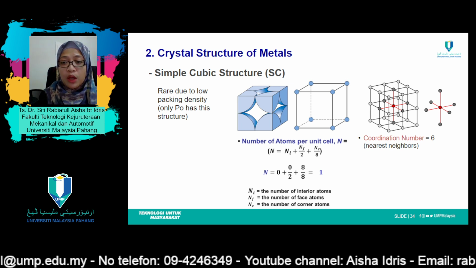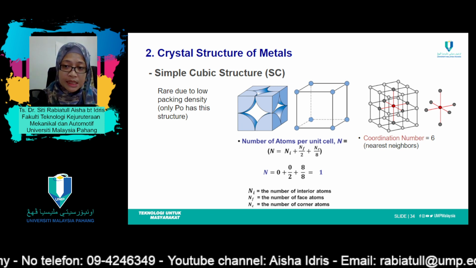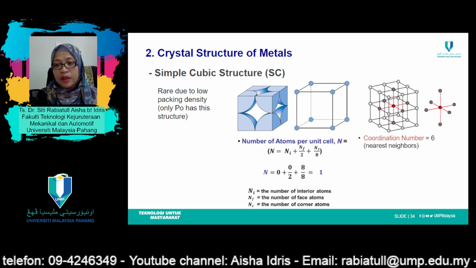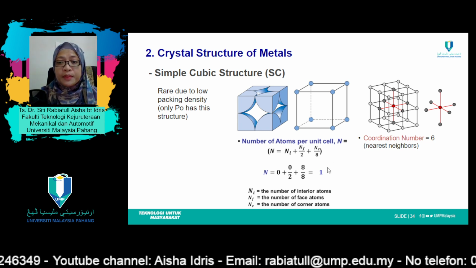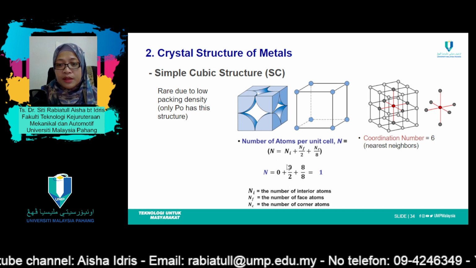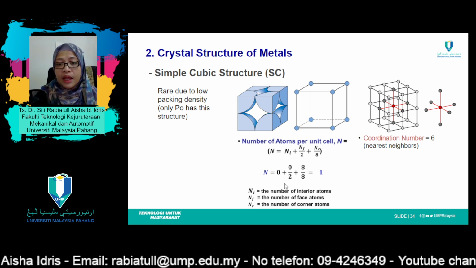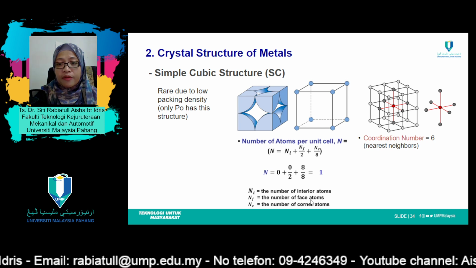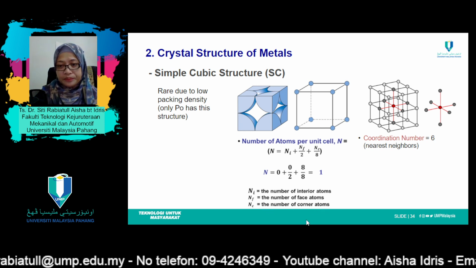However, the way we calculate the number of atoms per unit cell is more or less the same. And the formula is N equals Ni plus Nf over 2 plus Nc over 8. Here Ni represents the number of interior atoms, Nf represents the number of face atoms, and Nc represents the number of corner atoms.